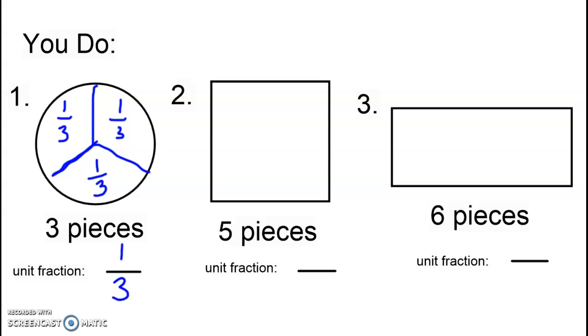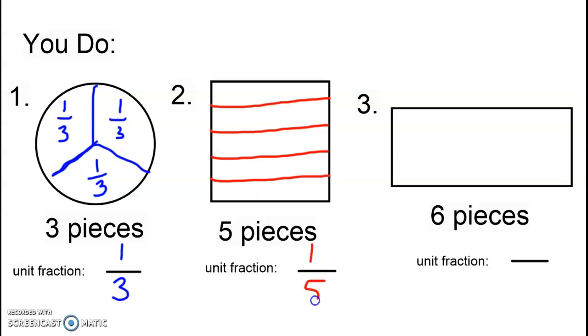Looking at the square, if I've asked you to separate this into 5 pieces, there's a couple different ways you can do that, but the easiest is to just draw stripes. So we create rows across, 4 lines create 5 equal pieces. Again, I can give you any one of those pieces, and I've given you 1 piece out of 5.